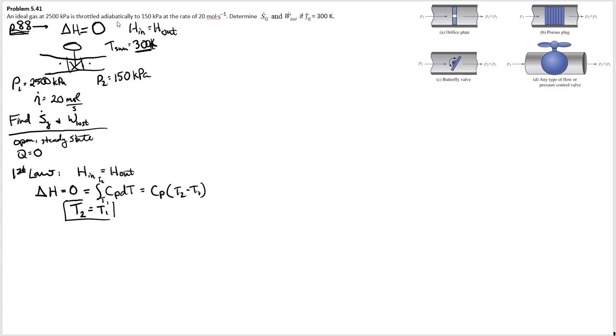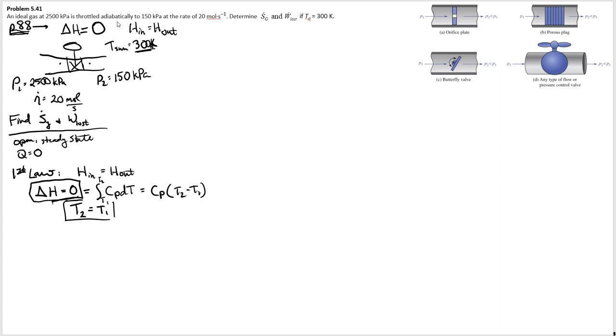For real gases, though, the temperature may not be constant. There may be some temperature changes there. But anyway, no matter what, the throttling process equation is given by delta H is equal to 0.